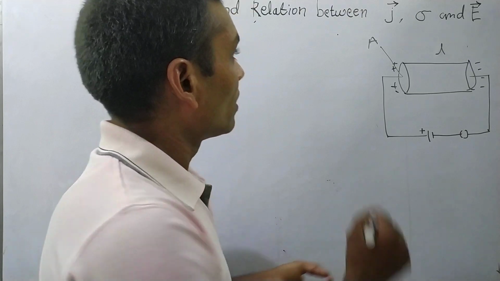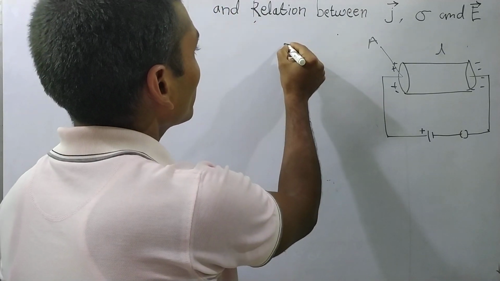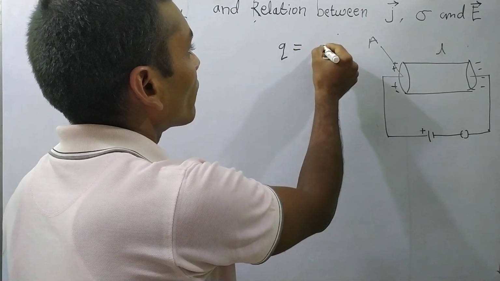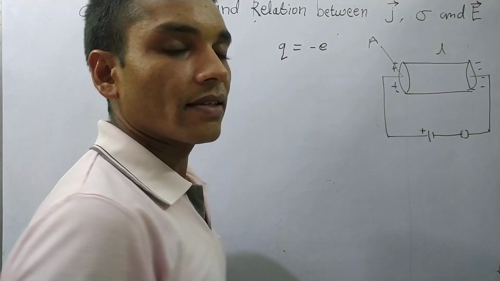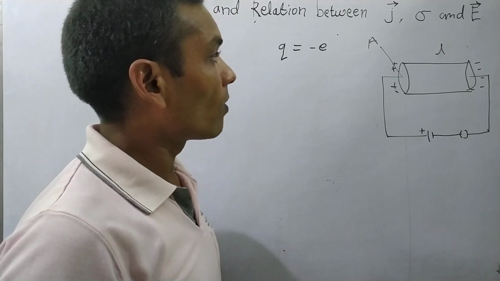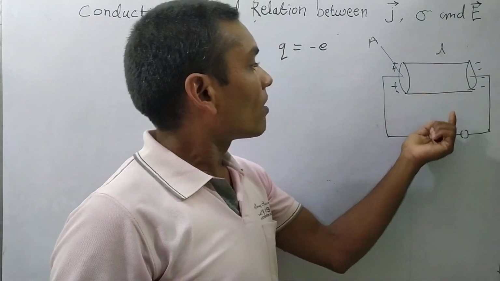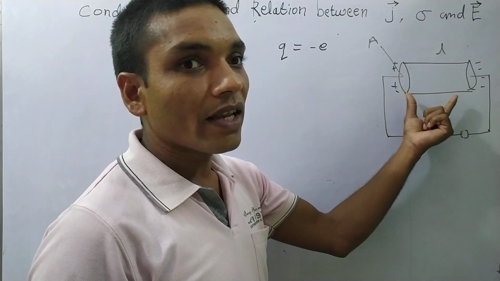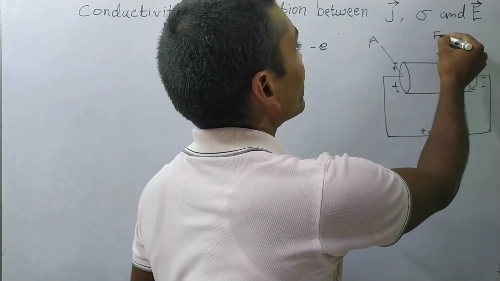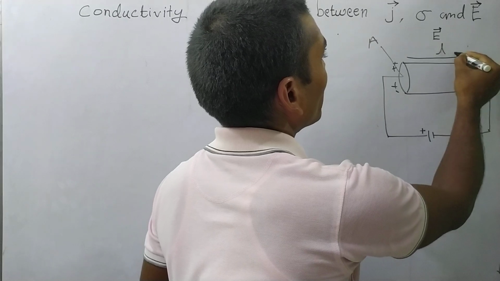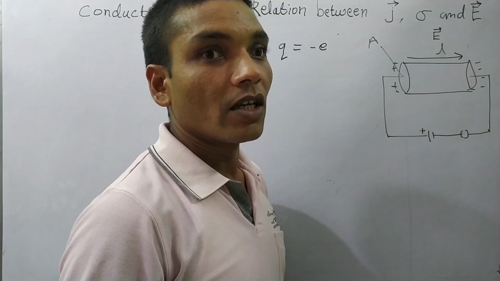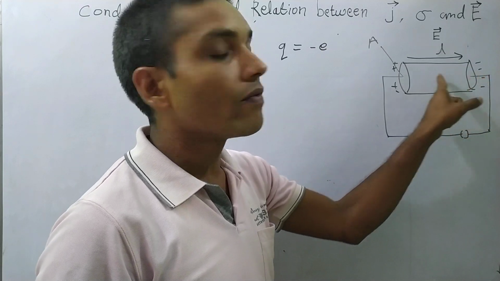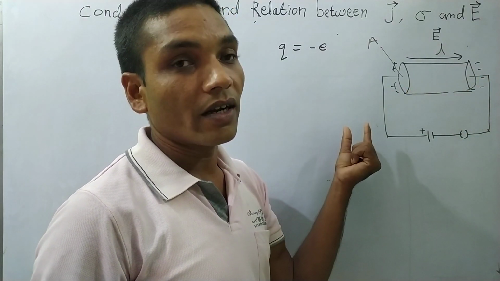Now the charge is denoted by Q, but the charge of one electron is minus e. After applying the potential difference, an electric field will be developed, and the direction of the electric field will be along this direction. Due to this electric field, electric current will flow through the conductor.